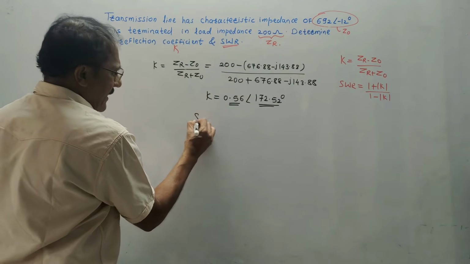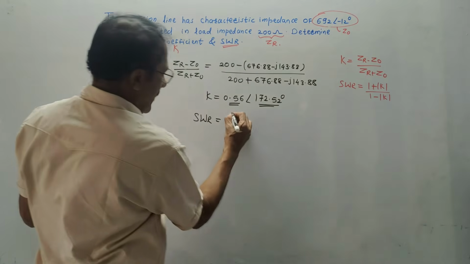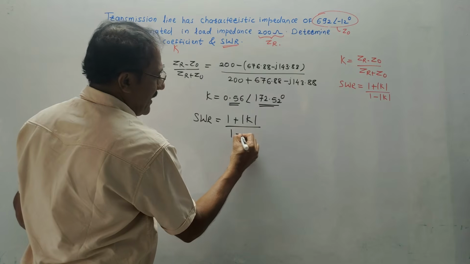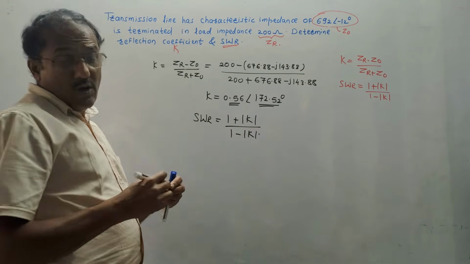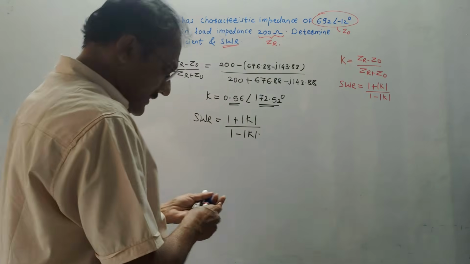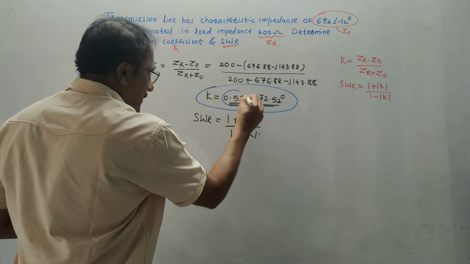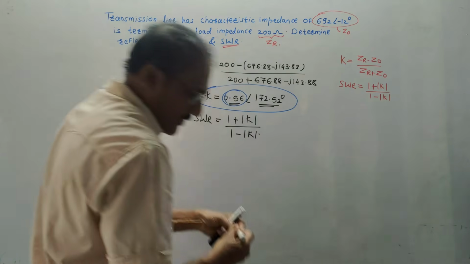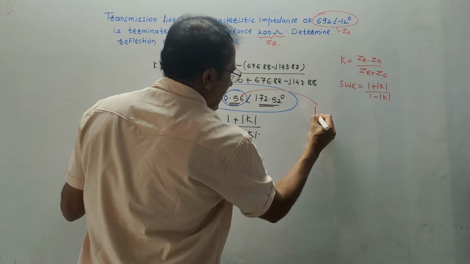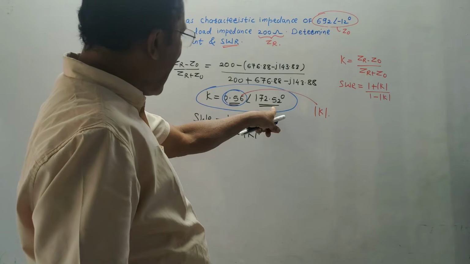Now, the second part is SWR. I have this formula to calculate SWR. So I will write the formula: 1 plus mod K divided by 1 minus mod K. Now, a common mistake. In the formula, I have the magnitude of K. This is the answer of K. In this, 0.56 represents the magnitude of K, that is, this value is denoted by mod K, whereas the remaining part is the angle.